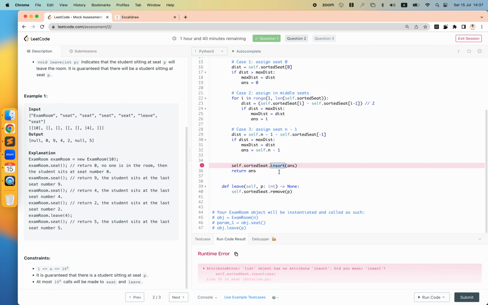Insert. Don't have insert. Really. We bisect insert. Don't have it in the list really.